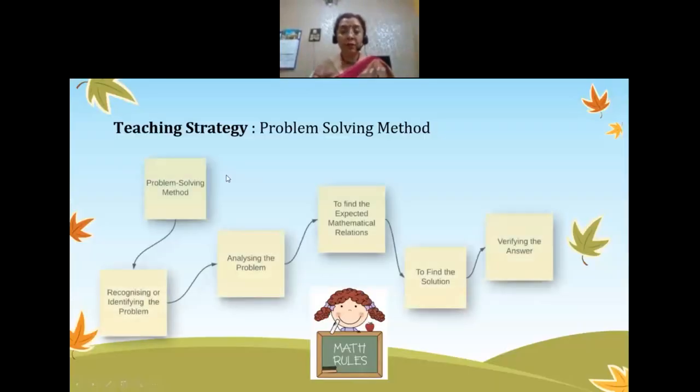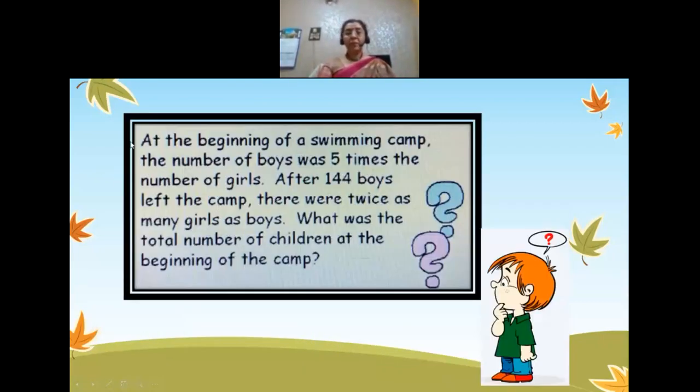Next is the problem solving method, where problems will be given, the child will analyze the problem, find out or use the expected mathematical relationship, come to the conclusion, and verify the answer. Let us take a question. Beautiful question. At the beginning of a swimming camp, the number of boys was 5 times the number of girls. 144 boys have left.